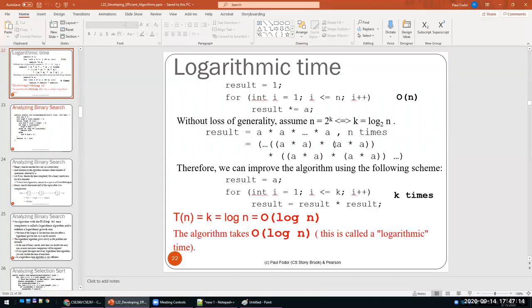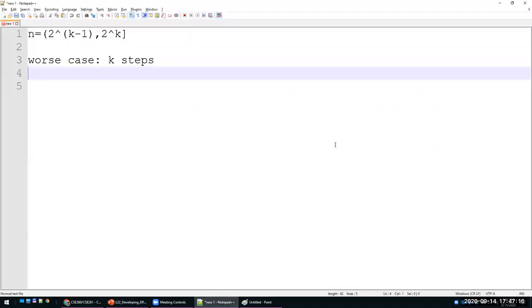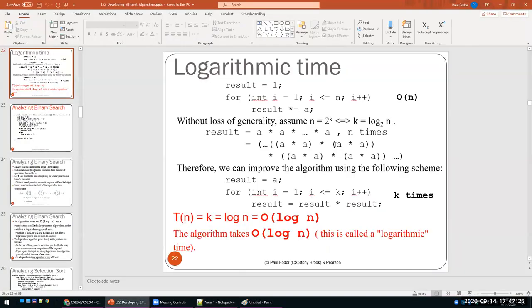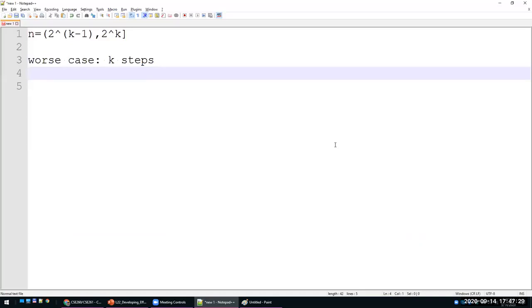Now, let's say that n is not equal to 2 to the power k. It's somewhere between 2 to the power k minus 1 and 2 to the power k. So now you need to eliminate the factors that you didn't want. So out of the k steps, you need to backtrack some number of steps.